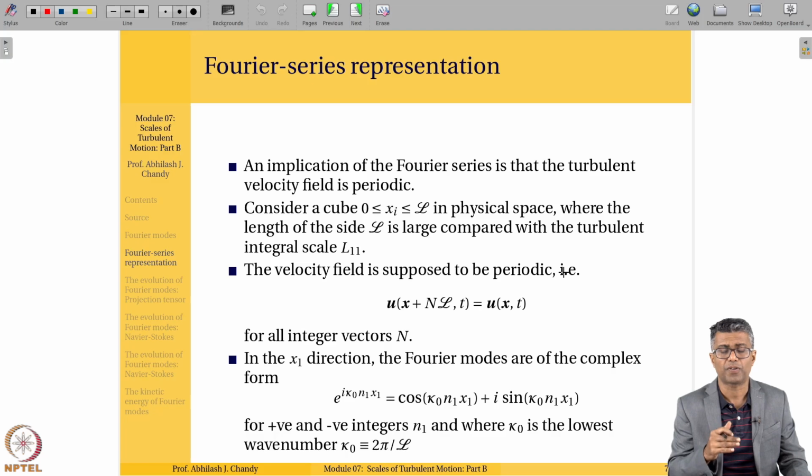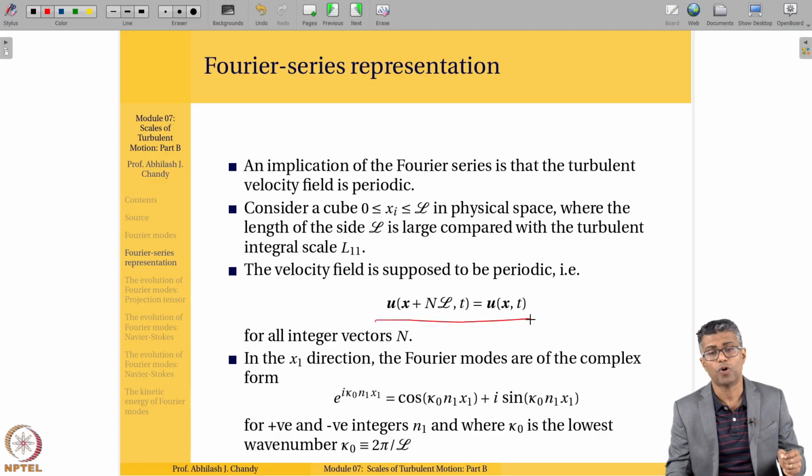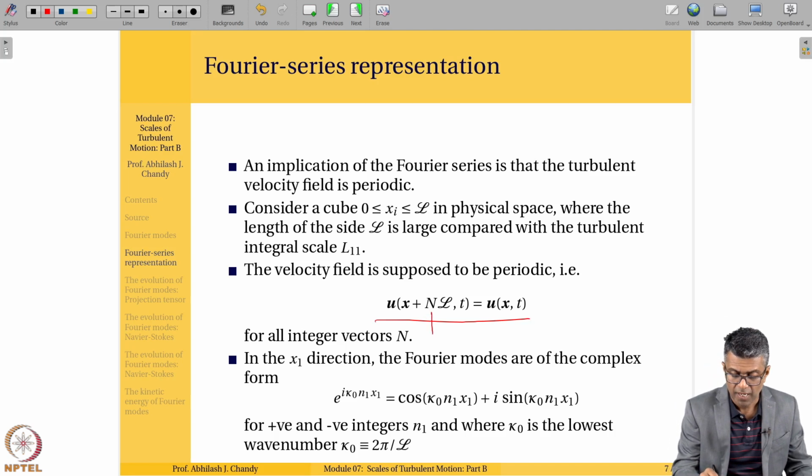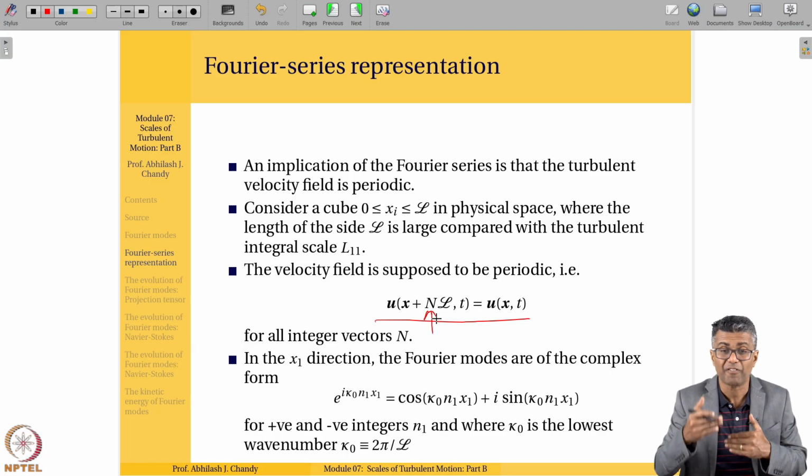Now, if you are using a Fourier series representation, then your velocity field is supposed to be periodic. If it is periodic, this is what it would look like: u of x plus nL, comma t, is equal to u of x, t, for all integer vectors n. That means however many times you cross L, which is the length of the cube, you are going to repeat your velocity.